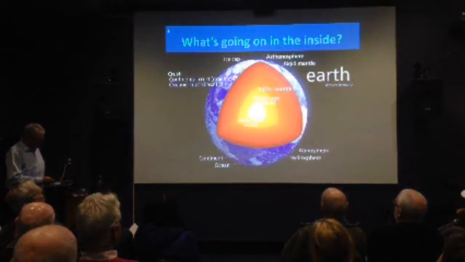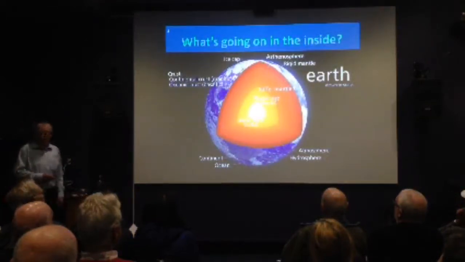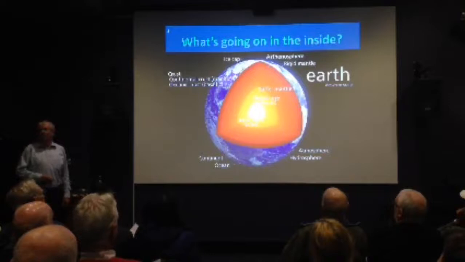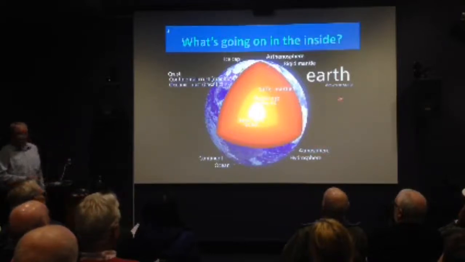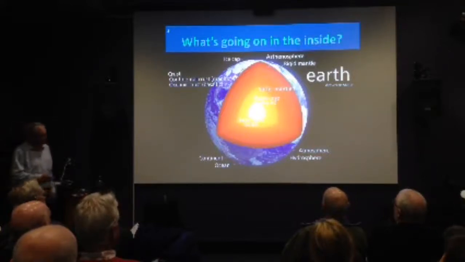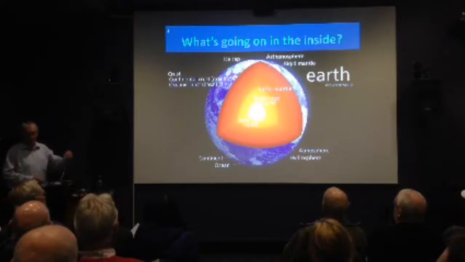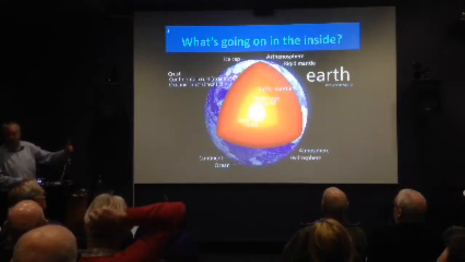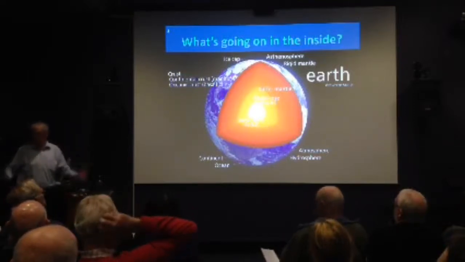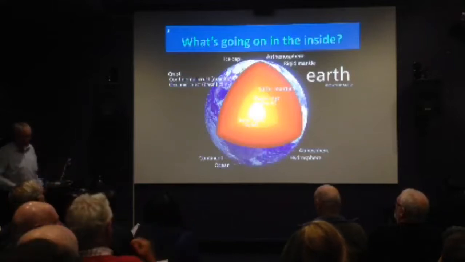The next thing people want to know is what's going on inside the Earth, inside of planets. Well, the bottom line is it's hot in there. It's really, really hot, and that heat is trying to get out the best way it can. One of the most efficient ways of offloading heat is through the process of convection, just like water boiling in your jug or pot on the stove.